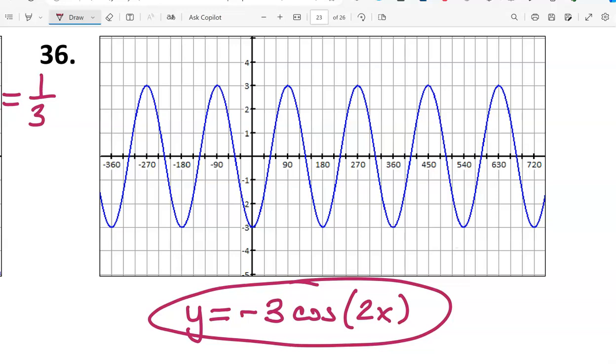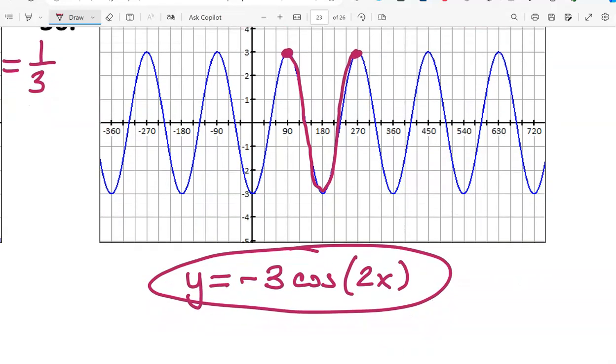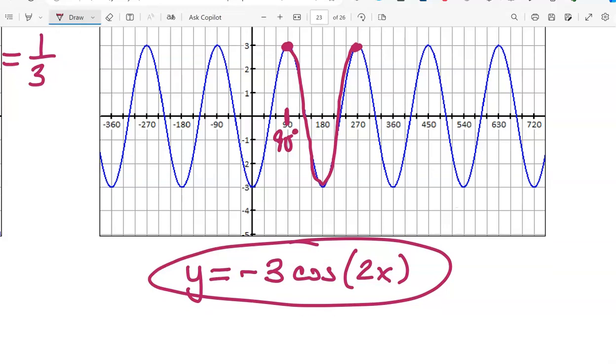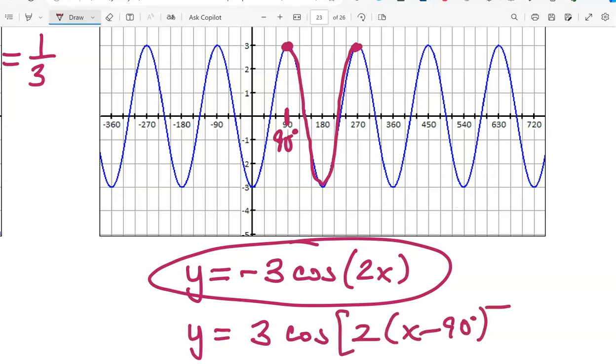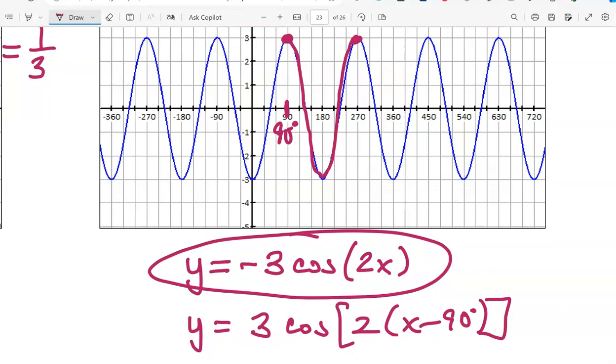So if we start, for instance, right here and end right here, and we have one full cycle, we still have a cosine graph. It's not inverted anymore, so A will be positive 3, and its phase shift is positive 90. So its equation would be y is equal to positive 3 times the cosine of 2 times x minus 90. So that's another possibility.